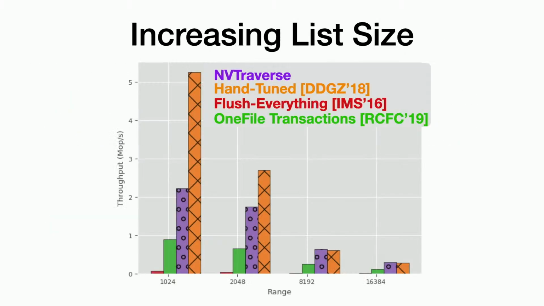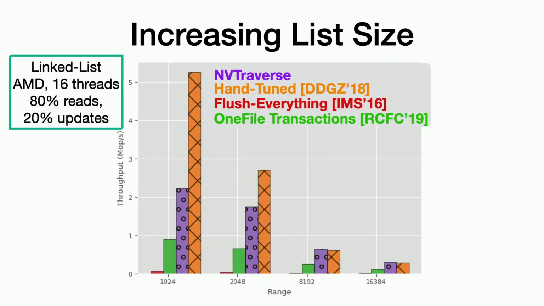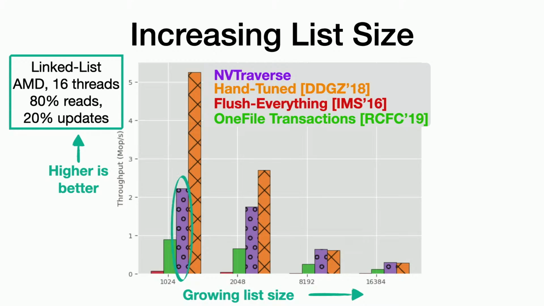All right, so very quickly, experimental results. We compared against, so the orange bars are the hand-tuned versions, and the other ones are all general constructions. Here, higher is better, so you can see that the hand-tuned versions are still more efficient than traversal data structures. And here, what we're seeing is growing list size or growing traversal size.